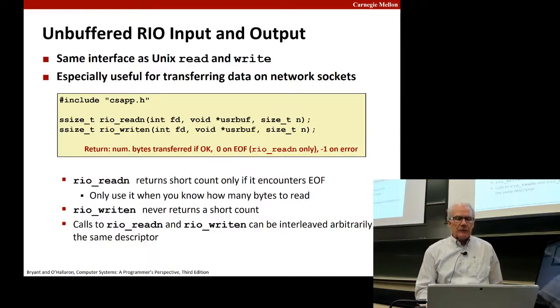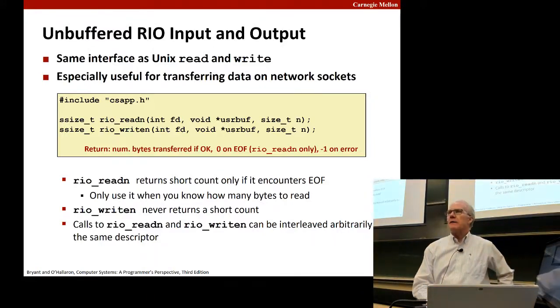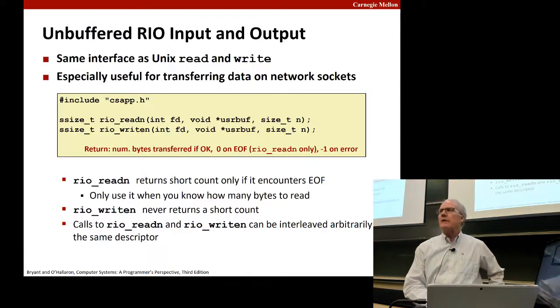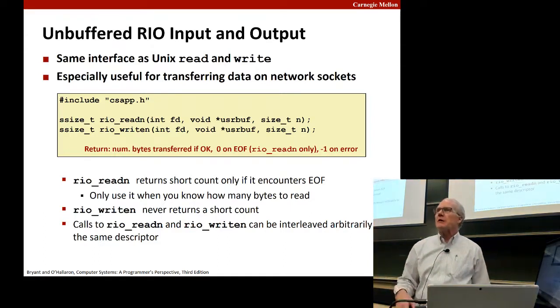So the idea then of this read-n and write-n is sort of the same idea as the Unix versions of them, except it won't do short counts. Or it will only do a short count on read if it encounters an end of file.